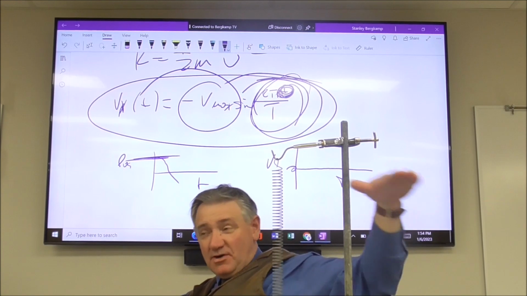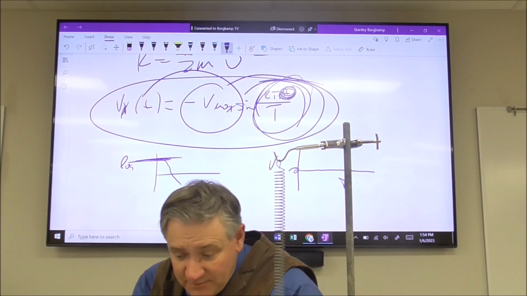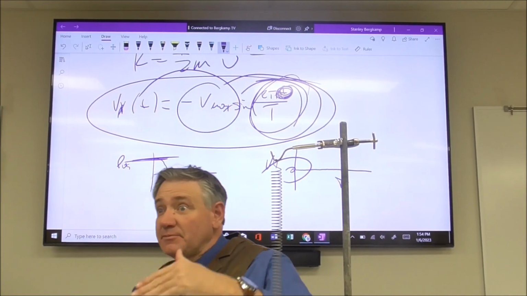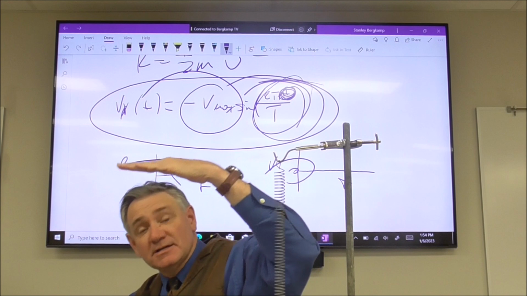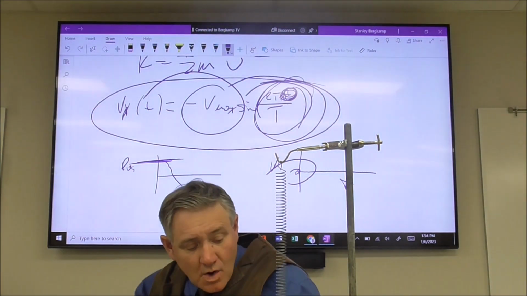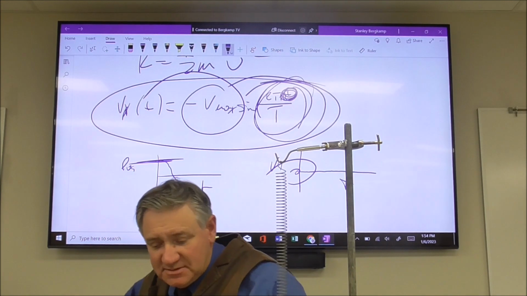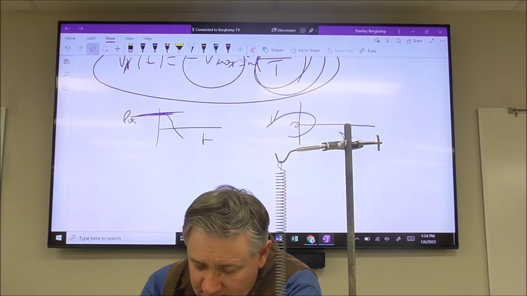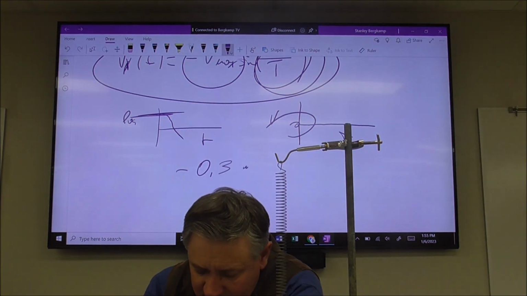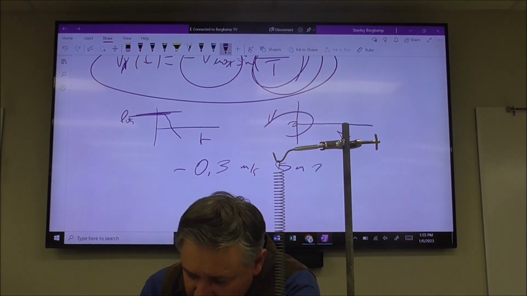At time 0, if you drew that tangent line, that's going to have a slope of 0, which is why your velocity time graph starts at 0, because the slope of your position time graph's tangent line is 0. That's why that velocity goes to 0. Now, when you get to 1/4 T, here's your options. So you're going to have your negative V max, which is going to be about negative 0.3 meters per second, whatever that is, times the sine of 2 pi.